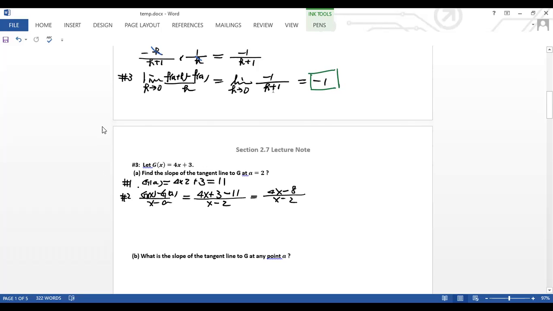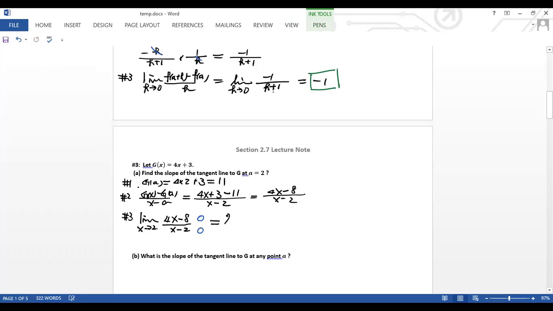Now let's take a look at number 3 here, the limit as x approaches 2, right? So it's the same old, right? This is 4x minus 8 over x minus 2. Oh boy, when you put the 2 in there, what happens here? You're going to get 0 over 0. We say, oh, that's not good. So let's see.